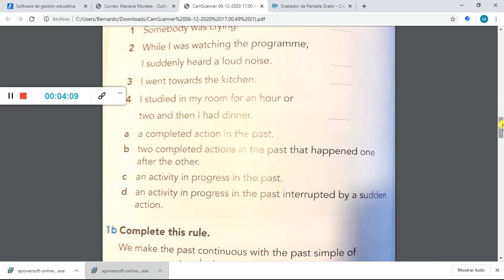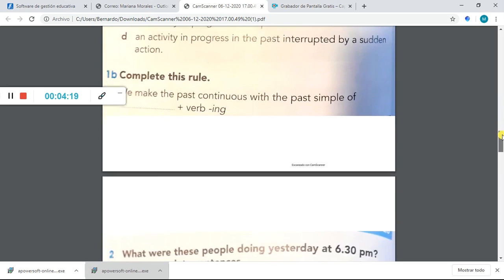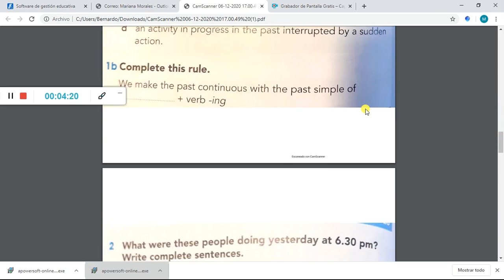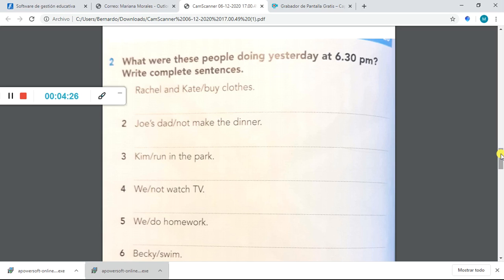Here we have some activities to do this week that are matching the rules with the example the book gives you, right? Then I will give you the answers, but you can practice them. To complete some rules of the past continuous, we will do it shorter because we have the Zoom and you had to prepare until Tuesday. These are some sentences to describe what these people were doing at 6:30.